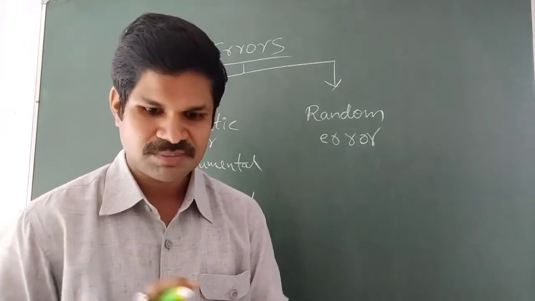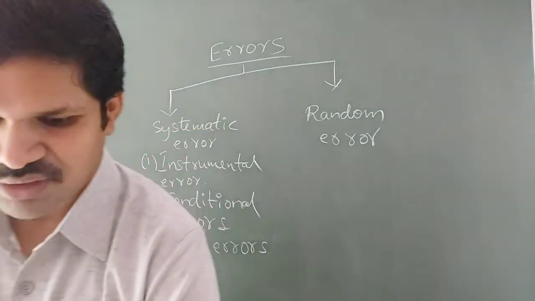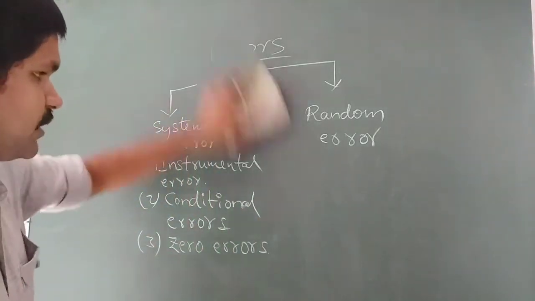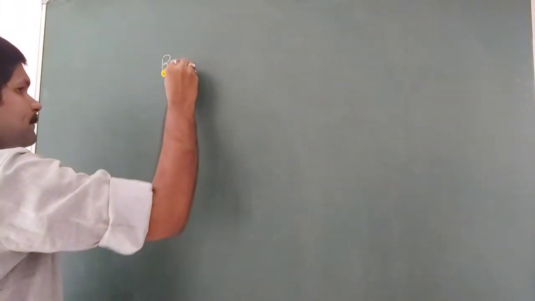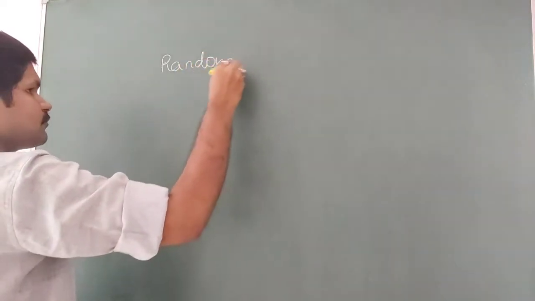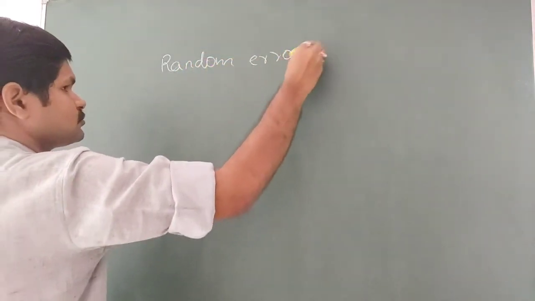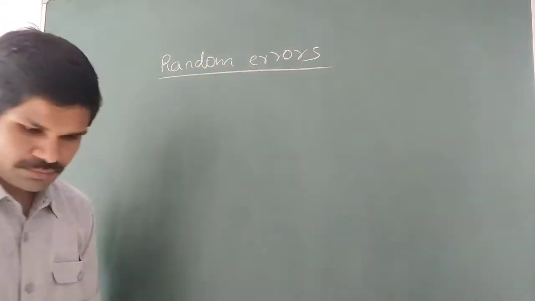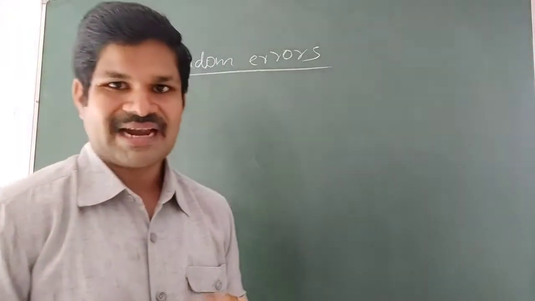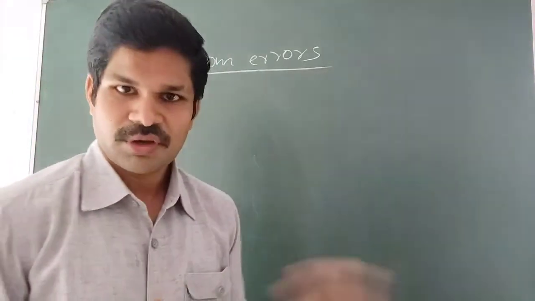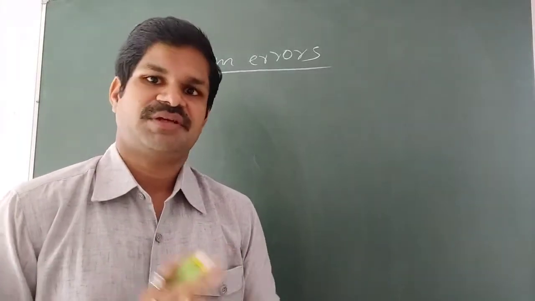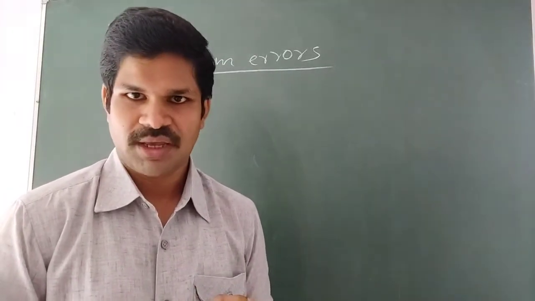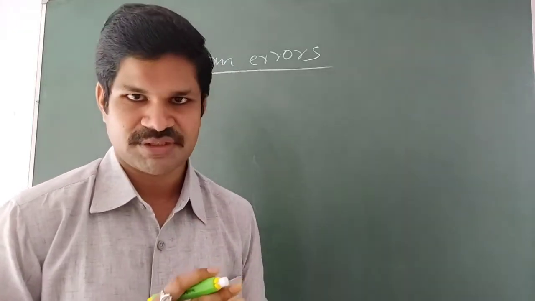Before going to the types of errors, I just want to say something. Before going to the concept of random error, we need to have observations first of all, regarding an experiment.